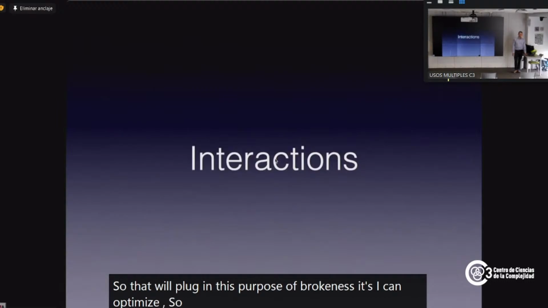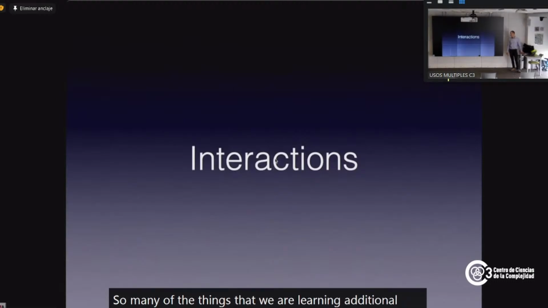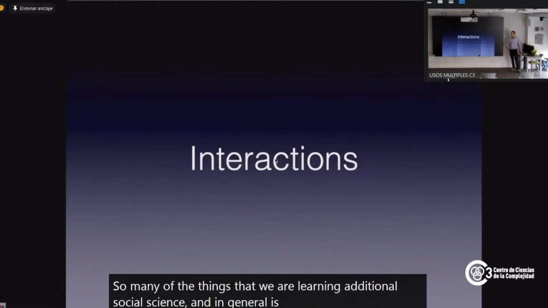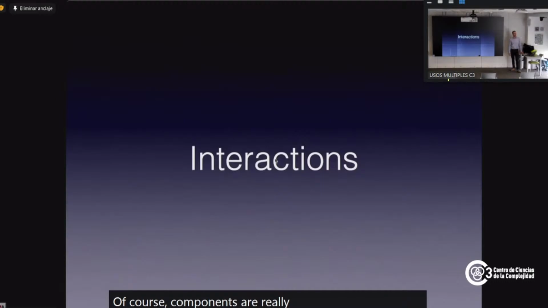So many of the things that we are learning from computational social science, and computation in general, focus more on interactions rather than on components. Of course, components are relevant, but if you don't notice interactions, then you won't be able to reach many consequences.